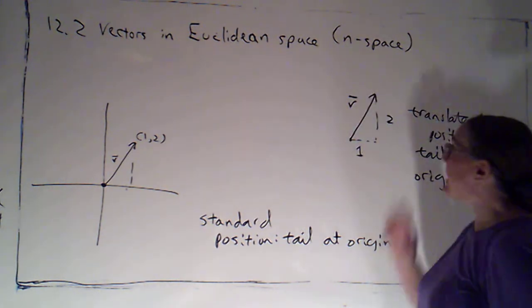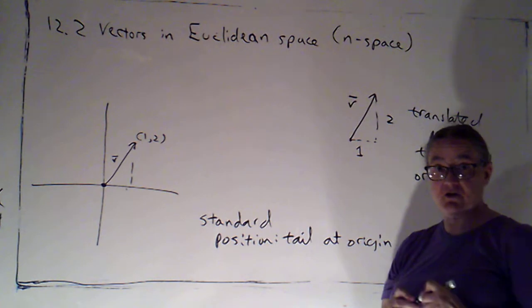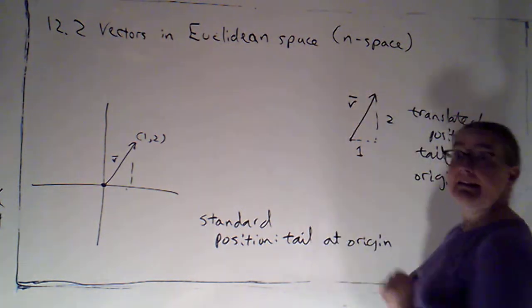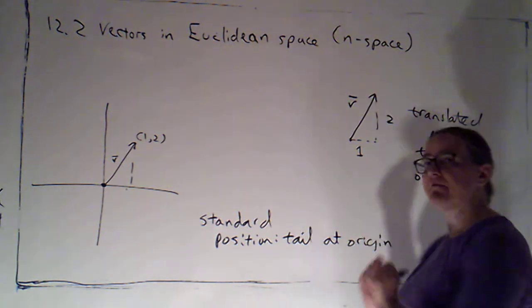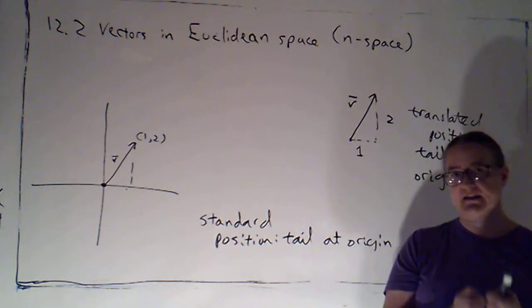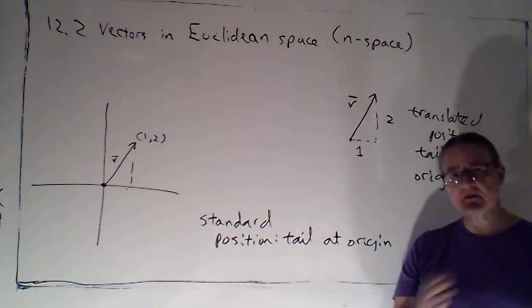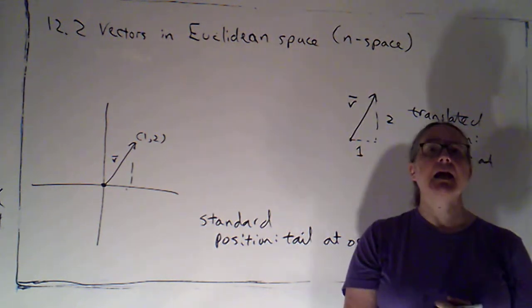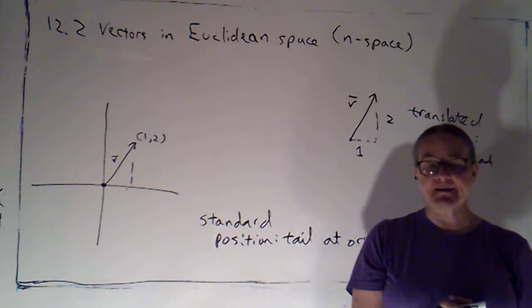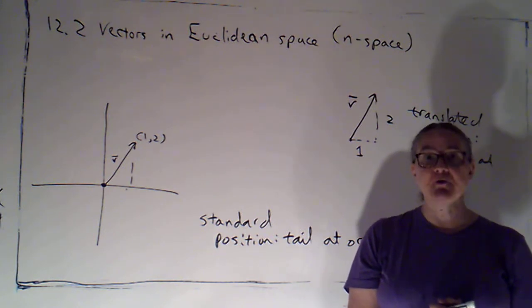Okay? So that would be an example of translated position. They're exactly the same vector. So the location at which you draw the vector is not part of its identity. This is actually a concept you're familiar with. I shall illustrate it. Hello, my name is Carla. I'm your math teacher.